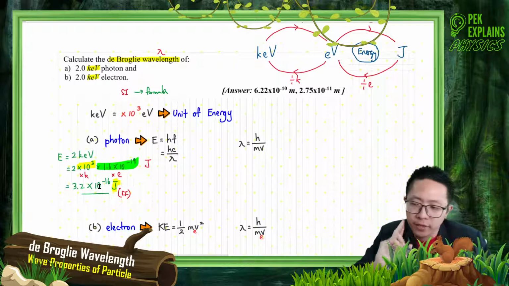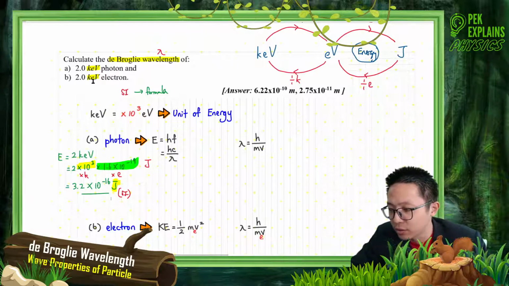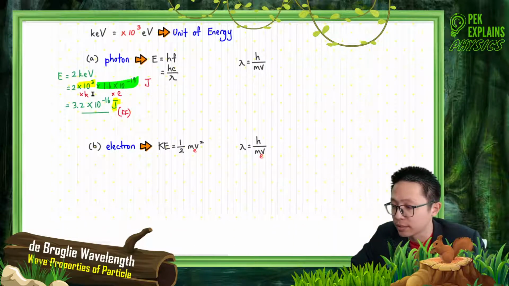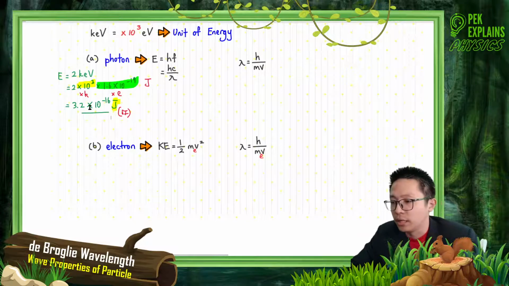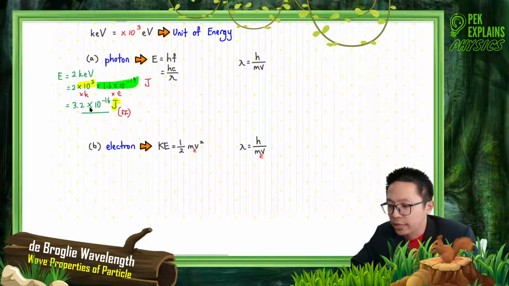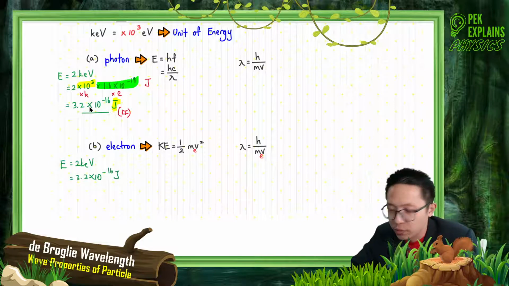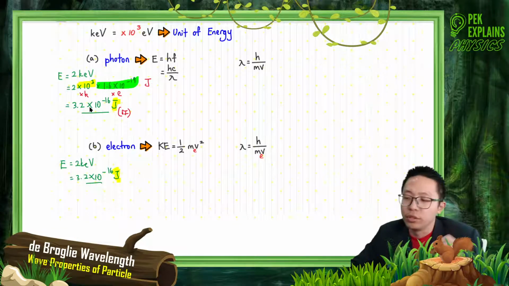Now I already have the energy in joule, so the electron, also 2 kilo electron volt, should have the same energy. So I can carry down that the energy for the electron is also 2 kilo electron volt, which is also 3.2 exponent negative 16 joule, in unit joule.